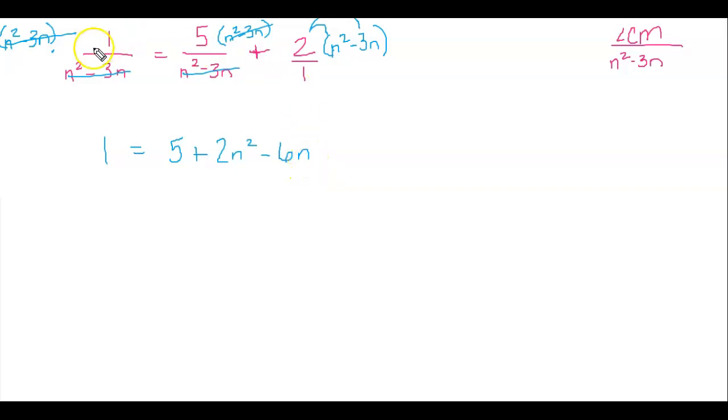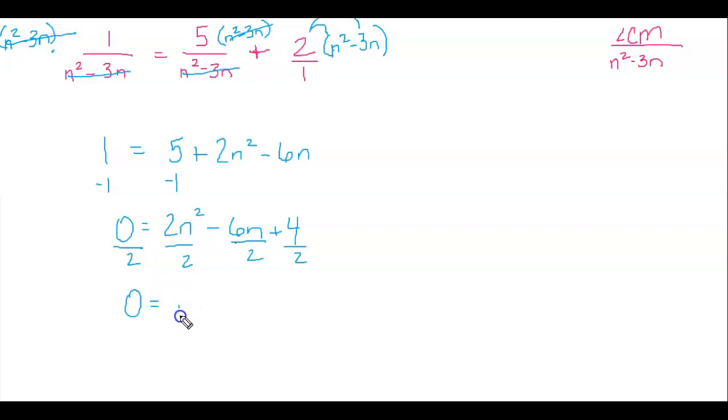And as we mentioned, we always are going to get rid of the denominators when we multiply by the LCM, but we're always left with some kind of polynomial. This one is a quadratic, so I know quadratics have to be equal to 0. So I'm going to subtract 1 from both sides, and I get 2n squared minus 6n plus 4. And then I notice that these are all even numbers, so I can at least divide everything in the equation by 2, because that's just going to give me smaller numbers.